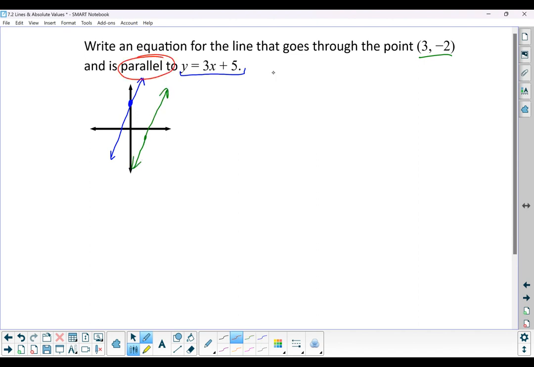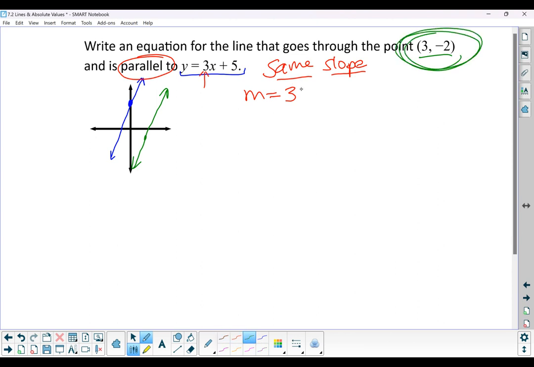Well, parallel means same slope. So if this blue line has a slope of 3, that means our line has a slope of 3 as well. So we're going to write the equation of our line in point slope form using this nice point and this slope. And we don't need to worry about finding the y-intercept or anything.